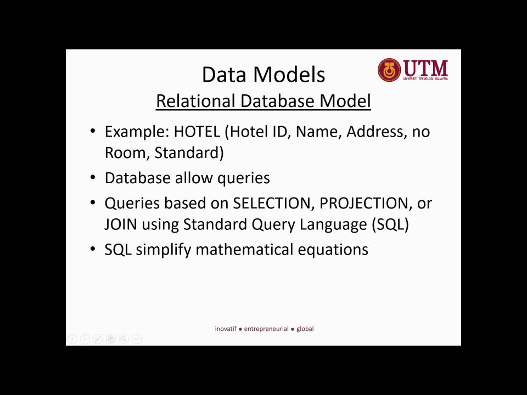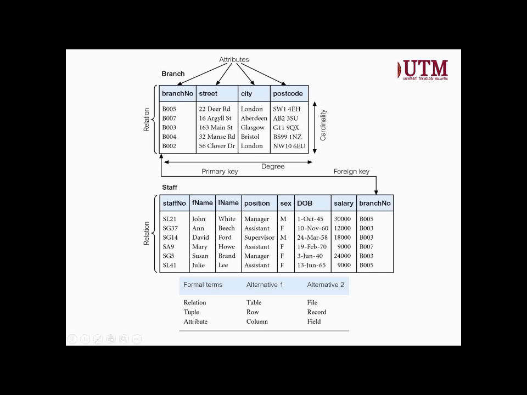They can also join, meaning they can ask questions from the branch table and also the staff table, and then have the information listed.